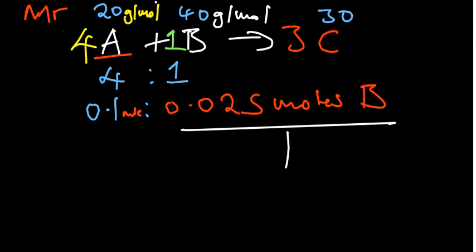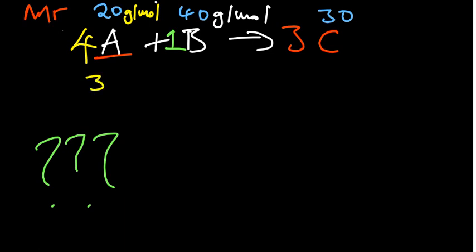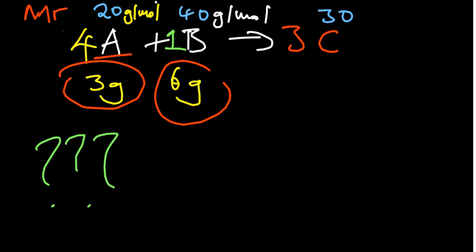Now, your homework for tonight is this. I want you to find the limiting reagent in a case where we have 3 grams of A and 6 grams of B. I want you to find which one is going to finish faster in the reaction between A and B. Are we together?